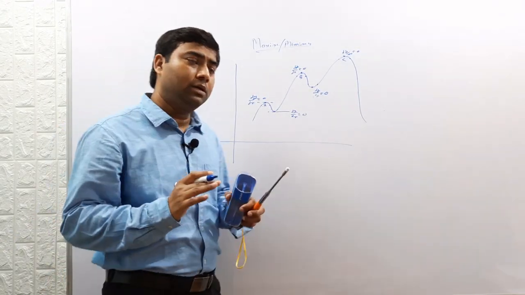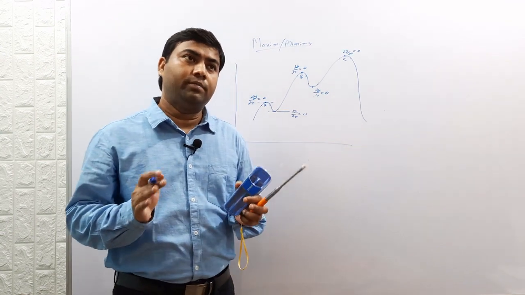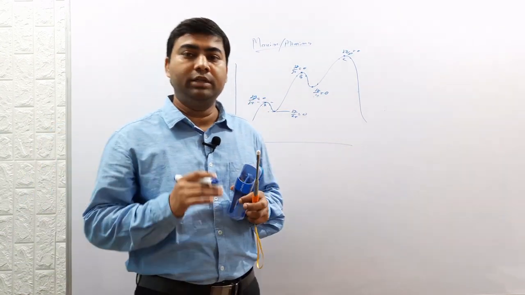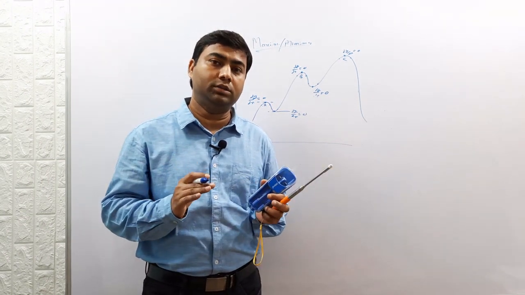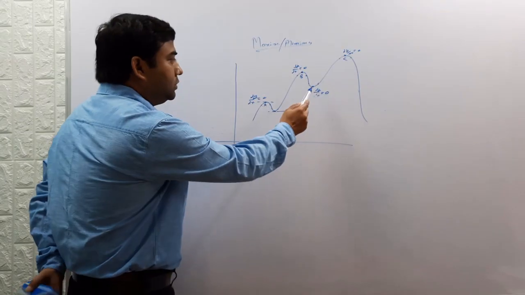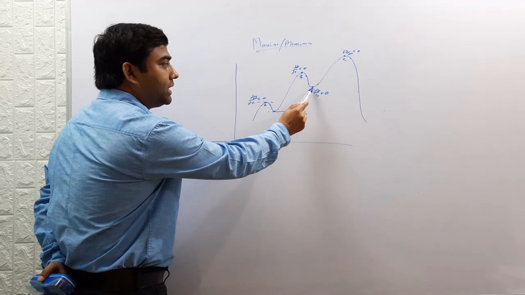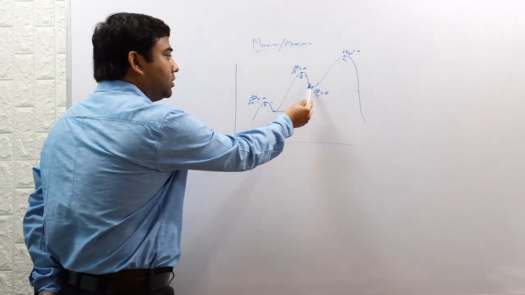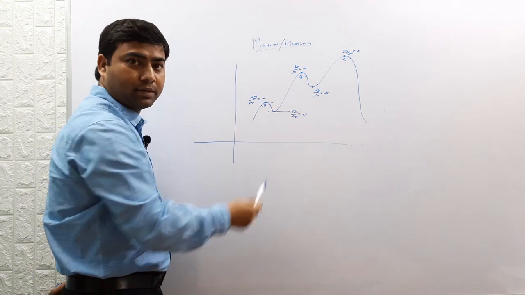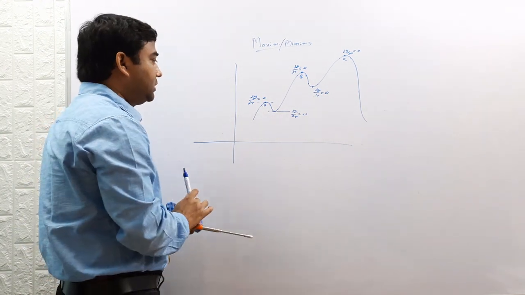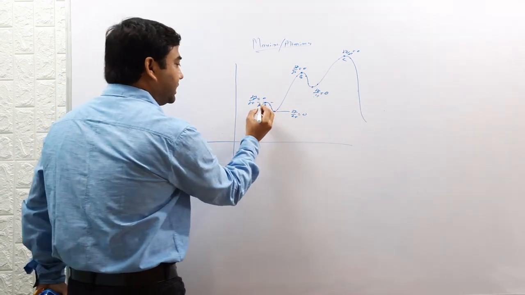So you should never confuse maximum with the maximum value, or minimum with the minimum value. Maxima or minima are local terminologies. Even though this is a minima, the exact value of the function at this point is more than the exact value of the function at this point, which is a maximum.